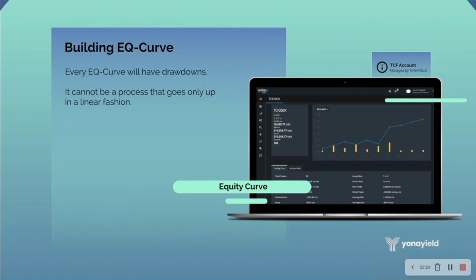Okay, now let's take a look at what I wrote down here. So every EQ curve will have drawdowns. It cannot be a process that goes only up in linear fashion. As much as we would love to have a linear fashion, it's not possible. There will be drawdowns, and you can see it here in this example. There was a nice linear fashion. Each dot is 1 day, and then there were like 5 days or something just sideways in the equity curve, and this is the kind of area where you should not freak out.